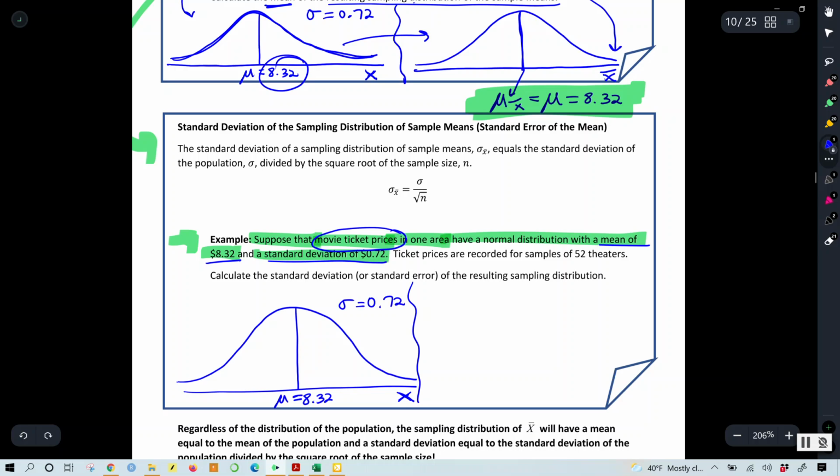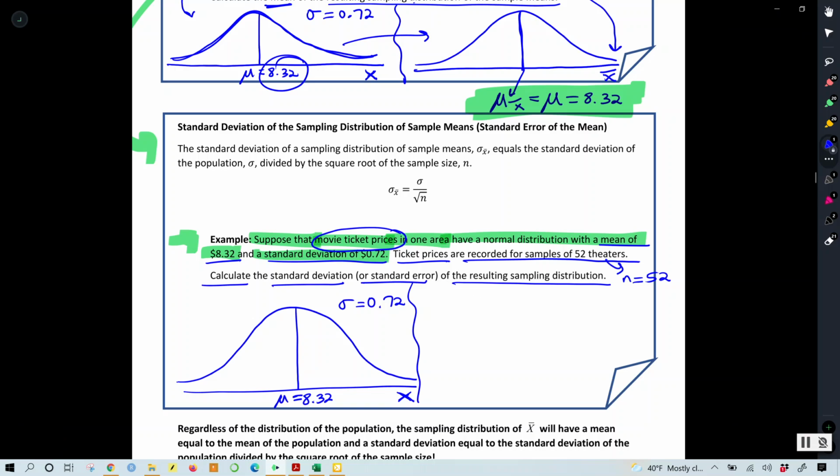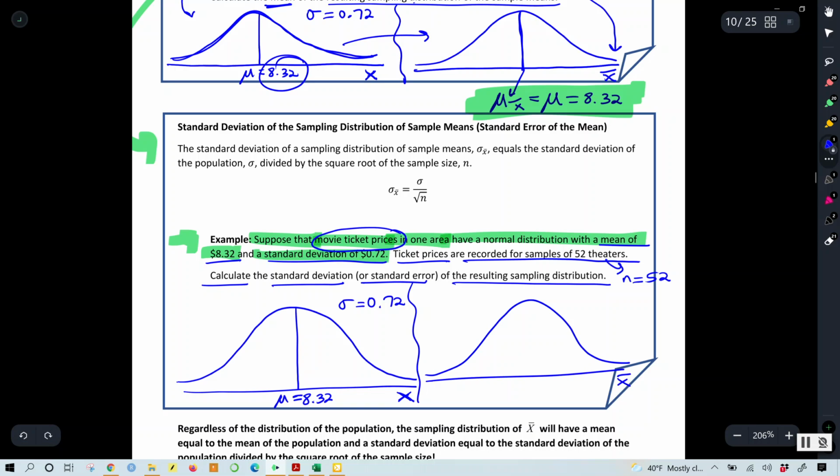Now, ticket prices are recorded for samples of n equals 52 theaters. We are to calculate the standard error of the resulting sampling distribution of the sample means. For the sample means, X bar, the mean of all the sample means is exactly equal to the population mean.